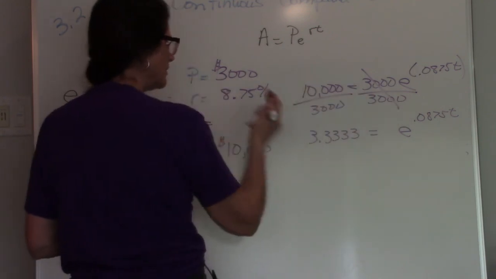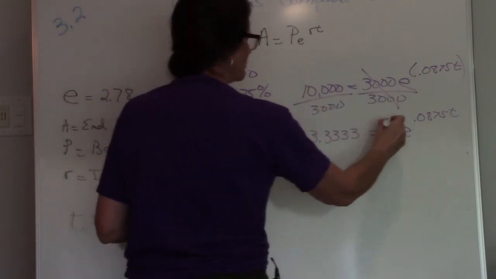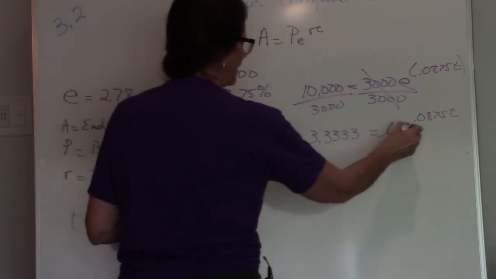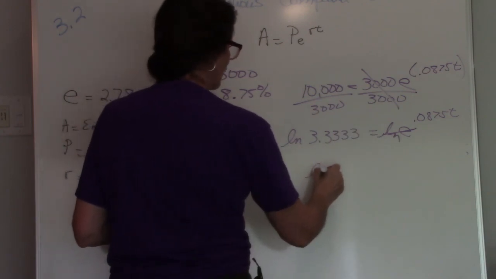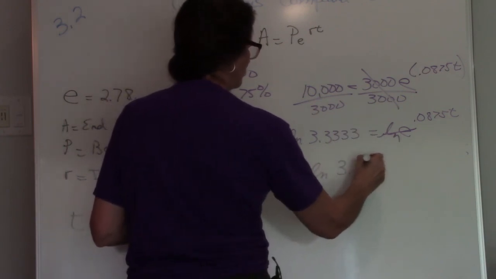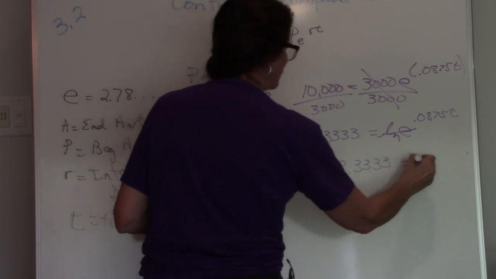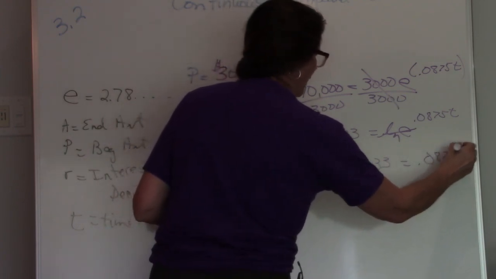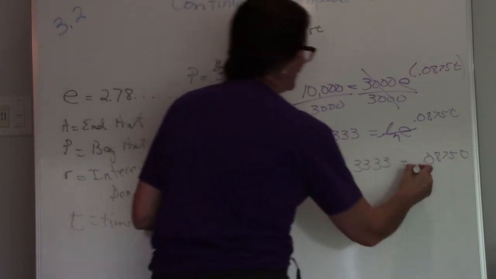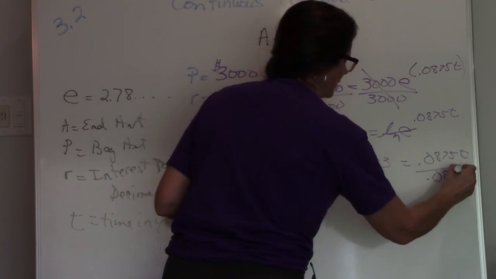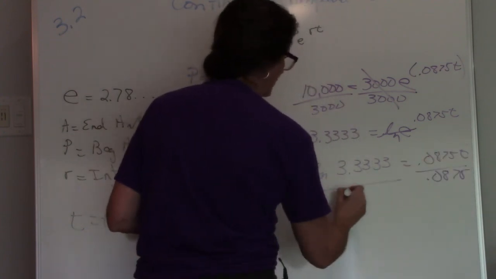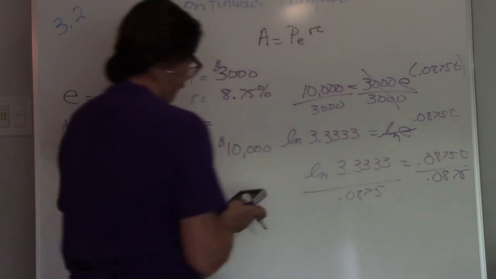e is now isolated, which means I can ln both sides. That cancels the e. So I have ln 3.3333 equals 0.0875 times T. Now I can divide both sides by 0.0875.